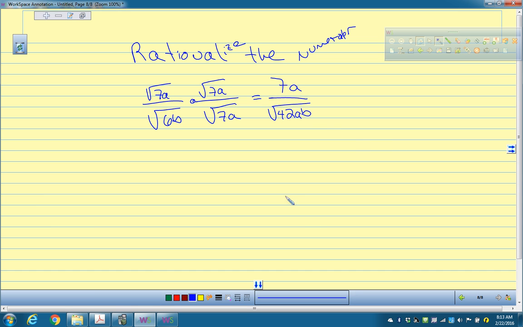Let's try one, okay? Rationalize the numerator. You try. So these are cube roots, remember, okay?